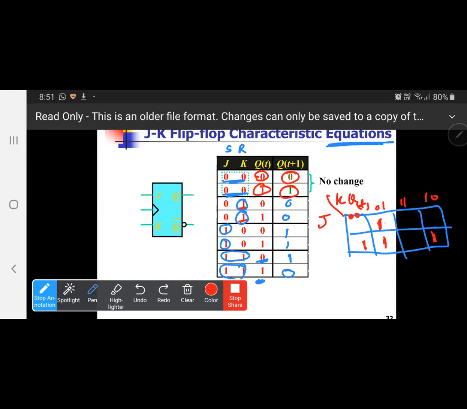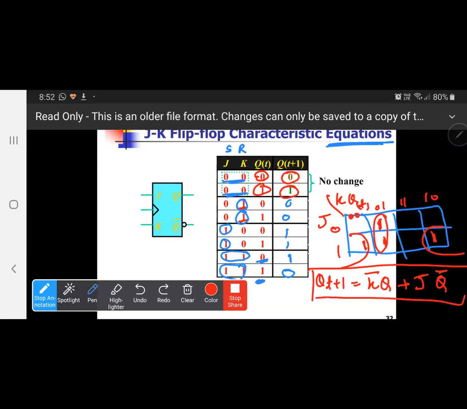So what will you get? Q(t+1) is equal to K bar Q plus J bar. Clear or not? Yes. So this is the characteristic equation for the JK flip-flop.